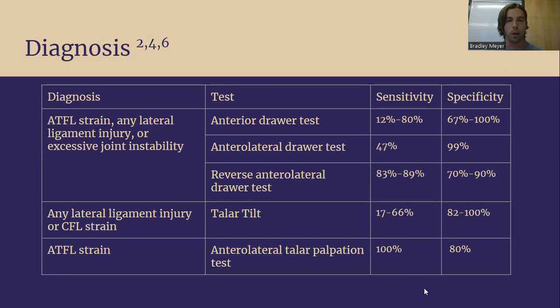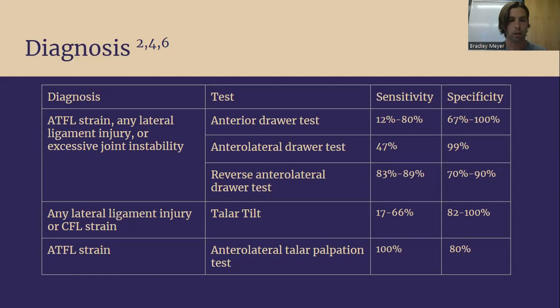Then these are some special tests for the ligaments. Ligament laxity was one thing to include when diagnosing someone with an ankle injury. There are plenty more that I've found in the research, but these are some of the more common ones that I saw: anterior drawer, anterolateral and reverse anterolateral drawer, for mostly looking at ATFL strains, but can also be used for any lateral ligament injuries.